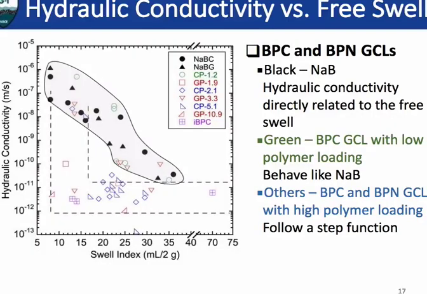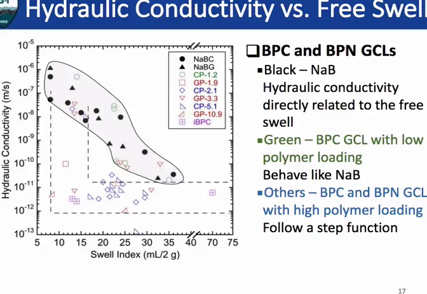We want to understand the mechanism. For the traditional mechanism of controlling hydraulic conductivity, the swelling, we see that for the sodium bentonite the hydraulic conductivity is directly related to the free swell. Also for the BPC GCLs with low polymer loading, the green open circles, it follows a similar trend.